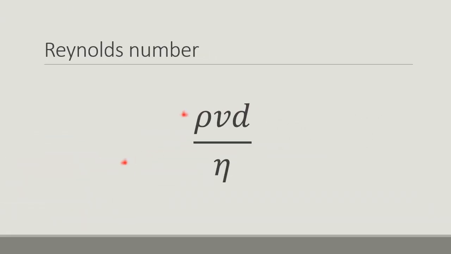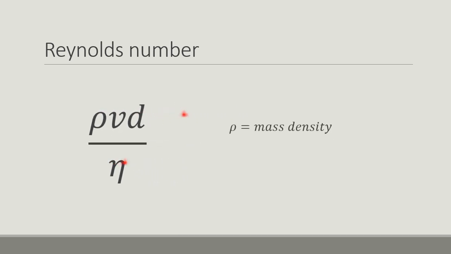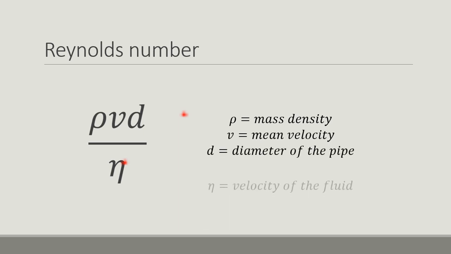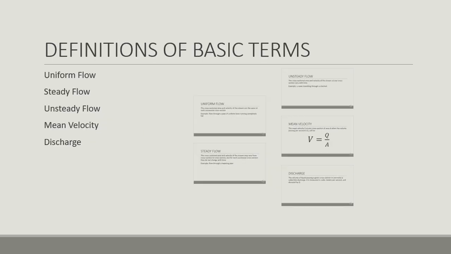The Reynolds number is given by this formula: PVD over N, where P is the mass density, V is the mean velocity, D is the diameter, and that Greek symbol is the viscosity of the fluid. That is the Reynolds number.